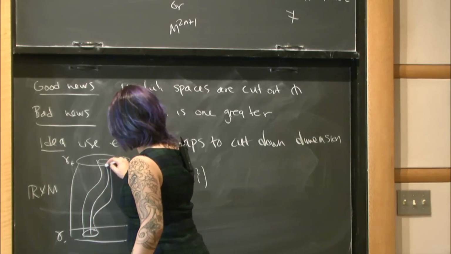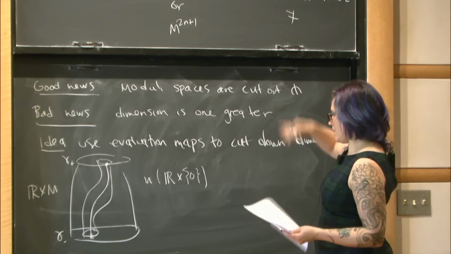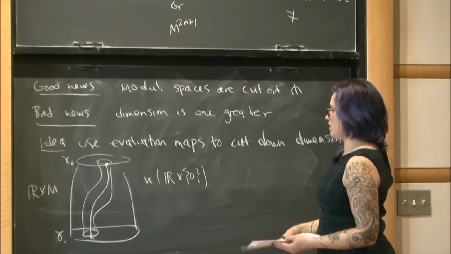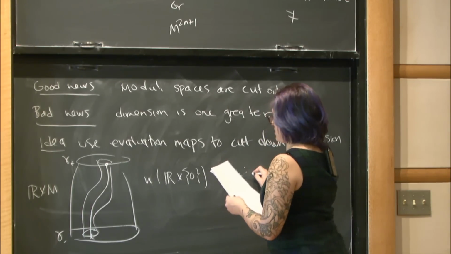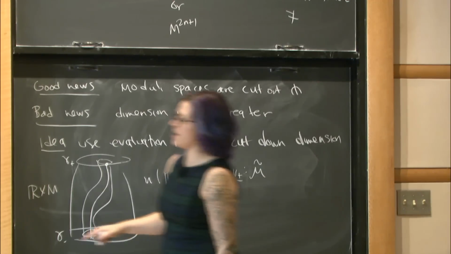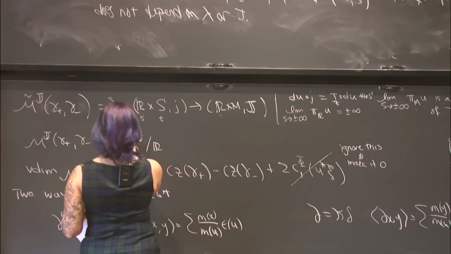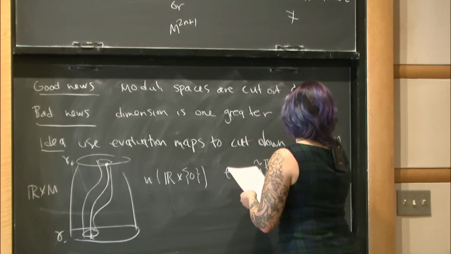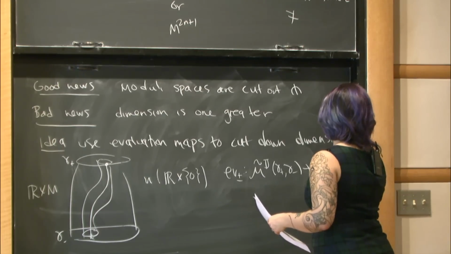Then I can look at this top point when S goes to plus infinity, and this bottom point, where S goes to negative infinity. So I have EV plus and minus, which are maps defined before I mod out by the R action on the target, so they're on M tilde rather than on M, and they map to the image of gamma plus or minus.